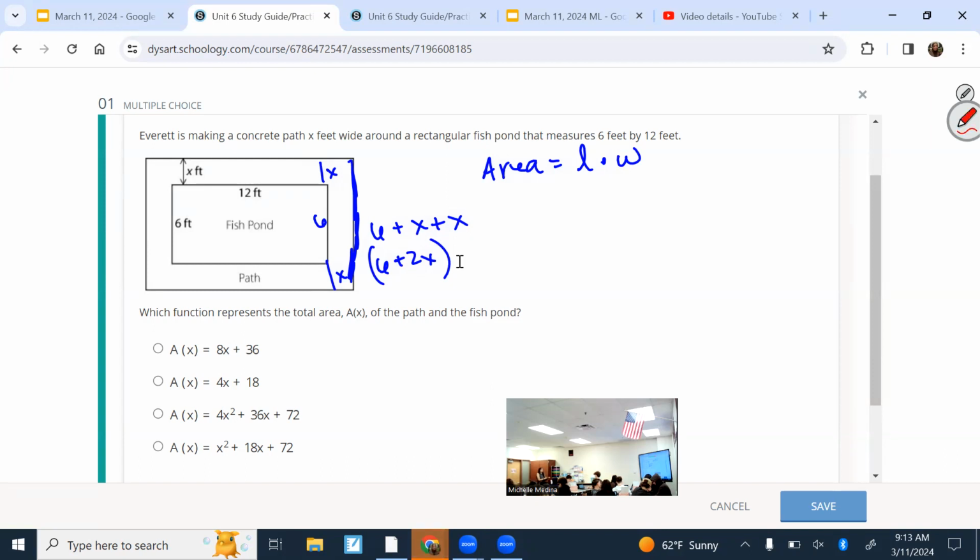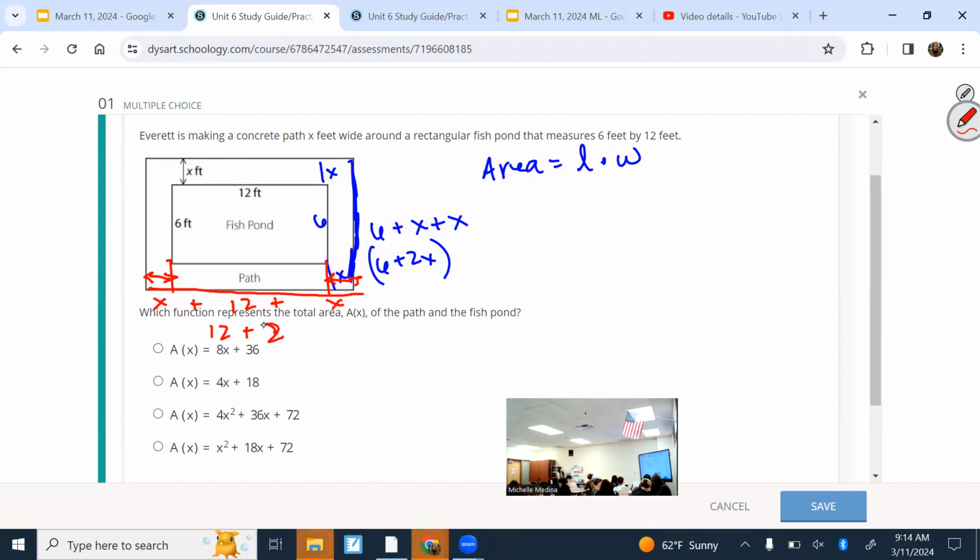The other side, your width, you have to make an expression for as well. You know that from here to here, it's 12. And since it's X feet wide all the way around, from here to here it's X, and from here to here it's X. So I have X plus 12 plus X, which if you combine like terms, what does this side become? 12 plus 2X.